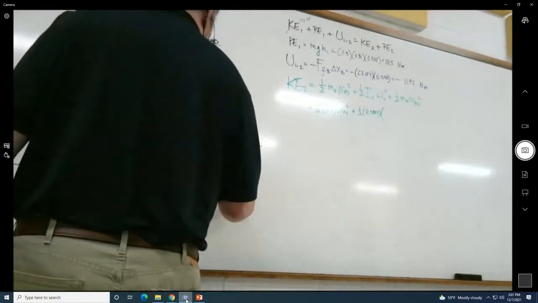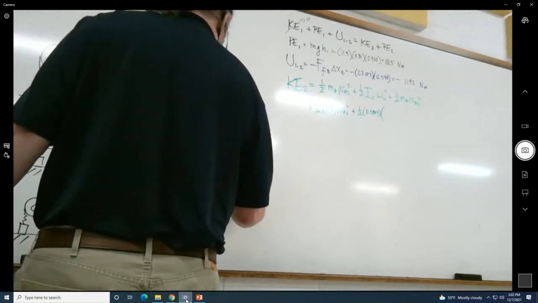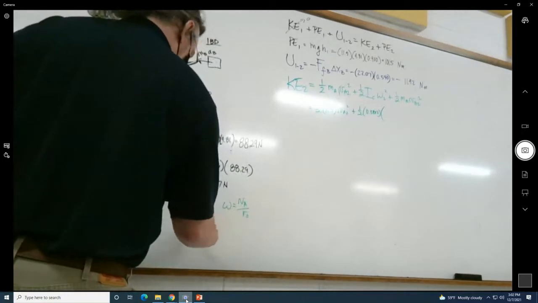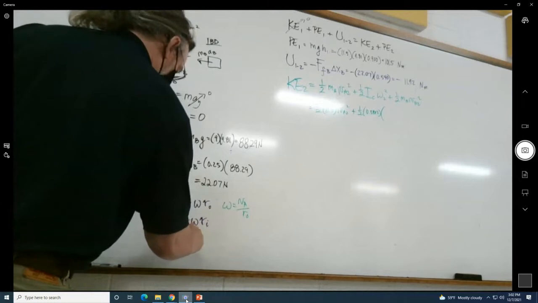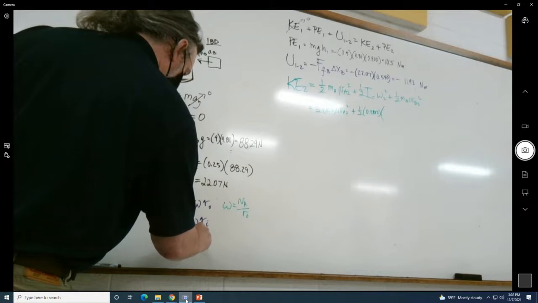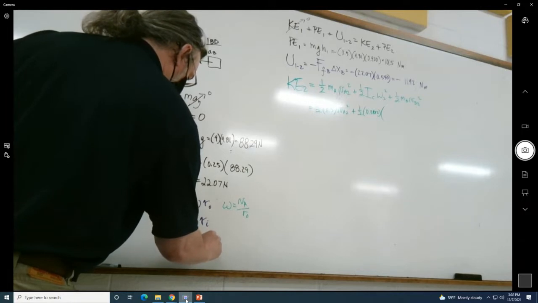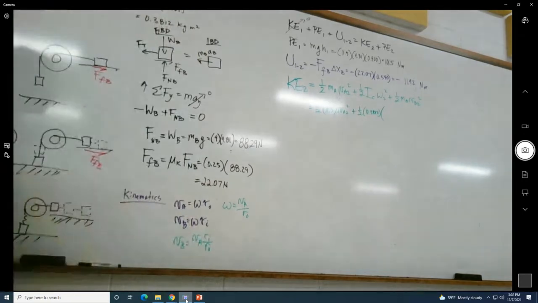So I can go omega is VA over RO. And then I can also put this back into here and say VB is equal to VA RI over RO.